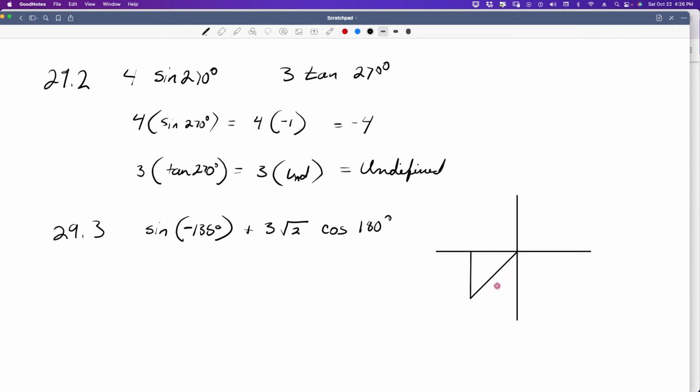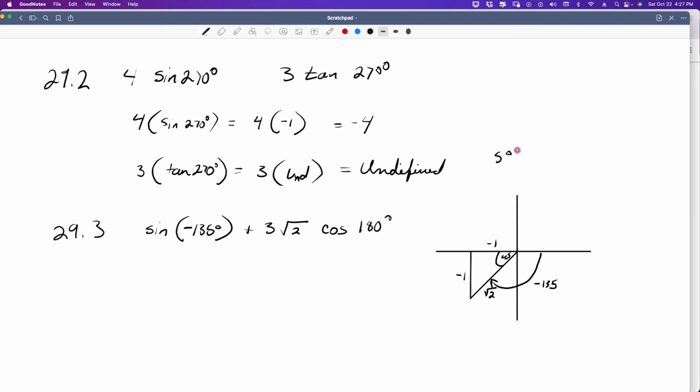This is negative 135 from here to here. So that puts the vector there, which means that this is our 45 here, which makes this a negative 1, and this is a negative 1, and this is still a positive square root of 2 for the hypotenuse. Okay, now I can answer this question the right way.